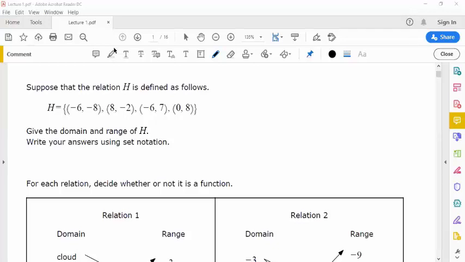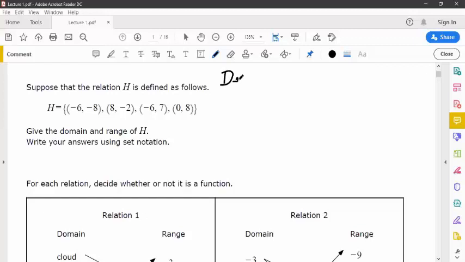So when we're discussing relations and functions, the domain are the x values. So the domain would be the x values. In this case, if we're using a set to represent our domain, we include each value.